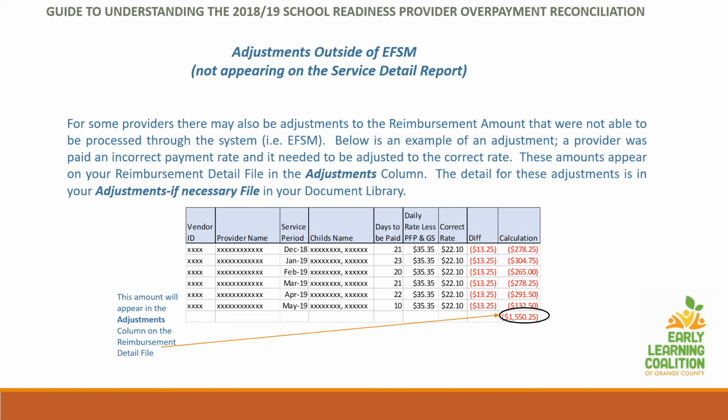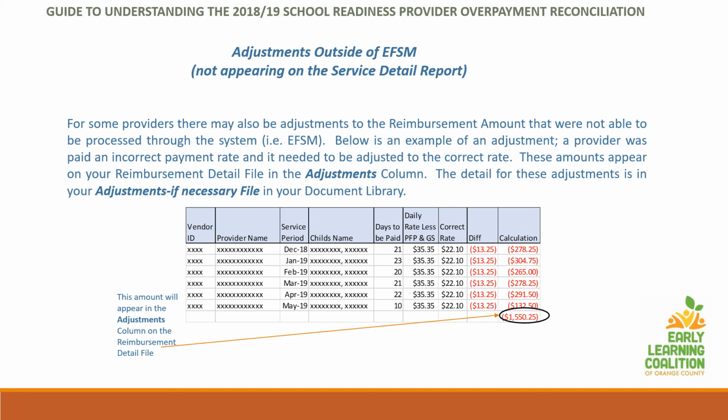Due to the challenges with EFSM and its lack of functionality, if you see adjusting entries in your file, these were not able to be made in the system and were required to have manual backup documentation. Please note that not every provider will have these entries, so you may not have a file for this uploaded in the folder, and that's okay.